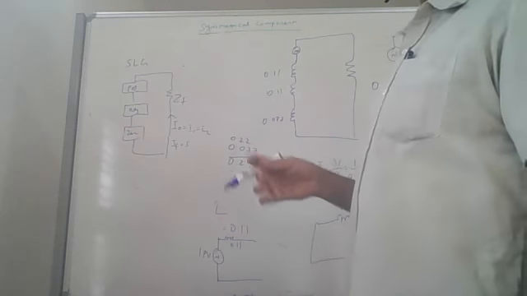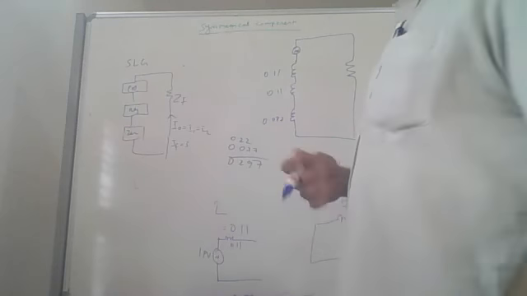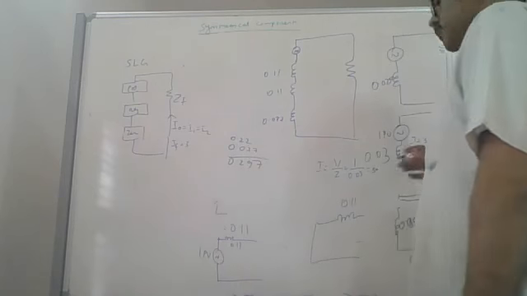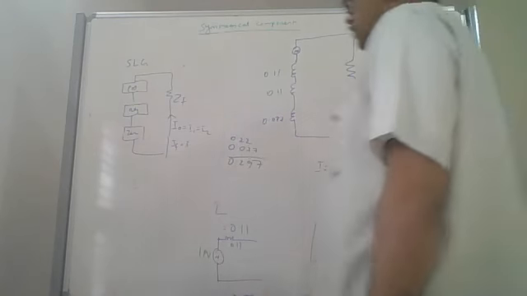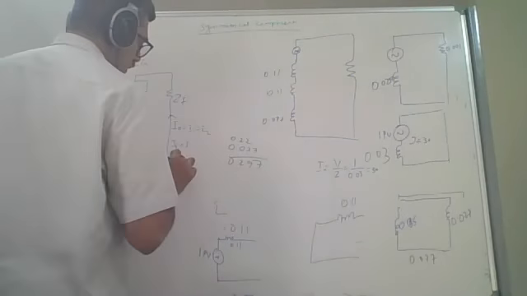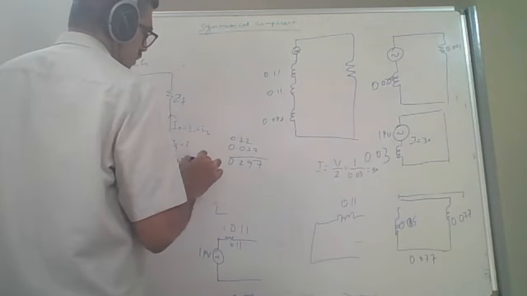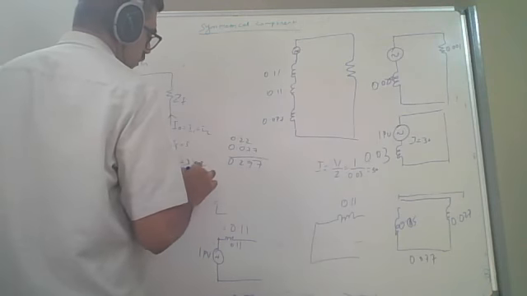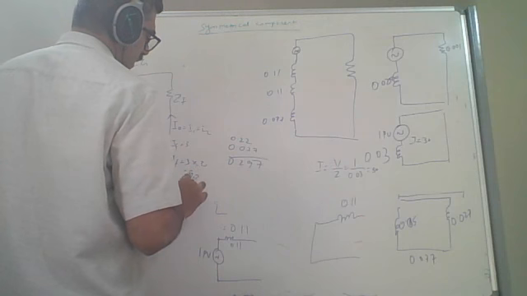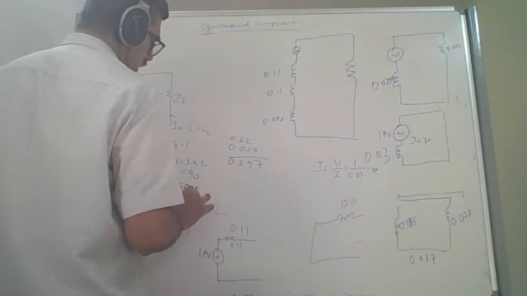Suppose the base current was 1 kilo amp. Now, what is the fault current? Fault current is 3 times this 30, so it is 90. Suppose the base current was 500 amps. So it is 90 into 500, that is 45 kilo amps.